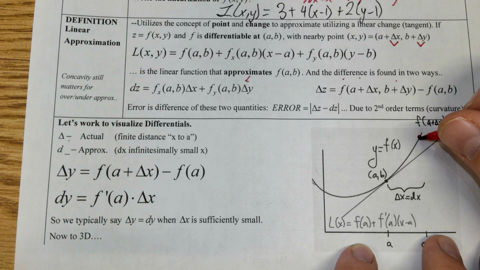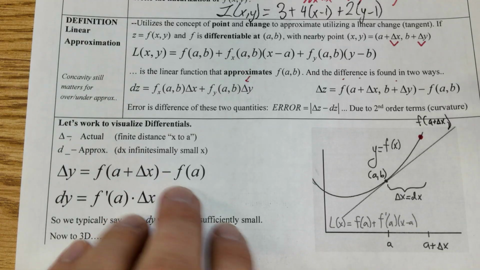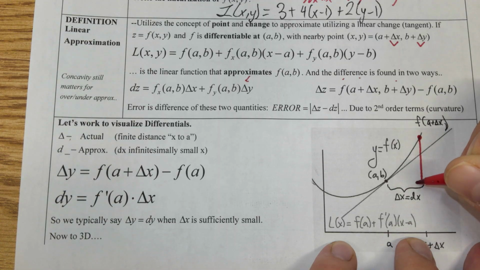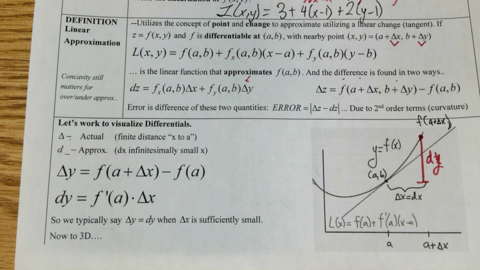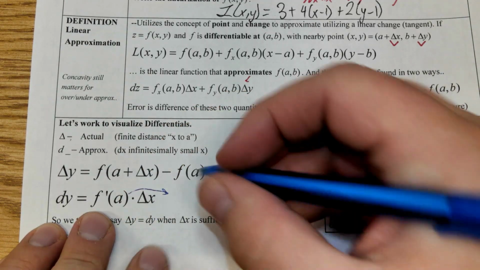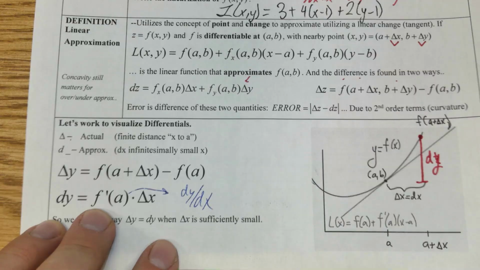And I would find delta. Delta is this whole change from beginning to end. This whole thing would be called delta y. My bad. Stuck in the 3D mindset. But the approximation for that change would be this. And again, we see it. We know this as dy/dx.